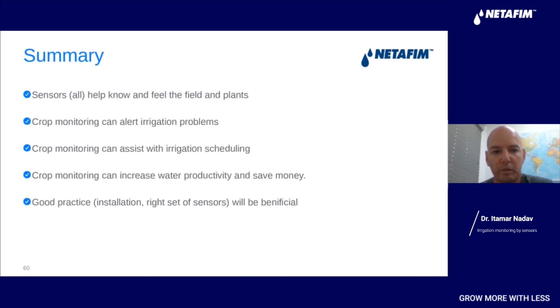Crop monitoring can assist with irrigation scheduling, and we can plan and do the irrigation based on the sensor readings. And crop monitoring can increase water productivity and save us a lot of water and money.